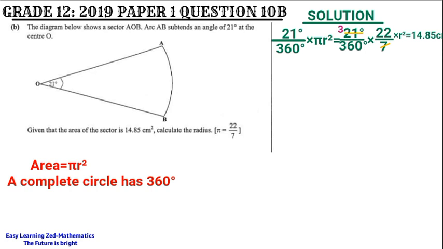Once we've done that, we can also see that 360 degrees has a common factor with 22, which is 2. So we divide 360 by 2, which gives us 180, and 22 divided by 2 gives us 11.